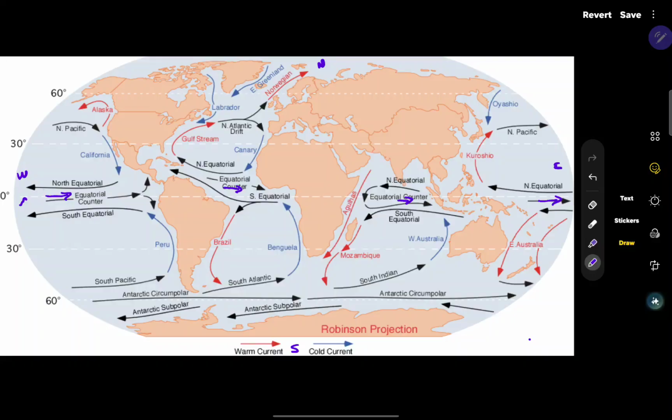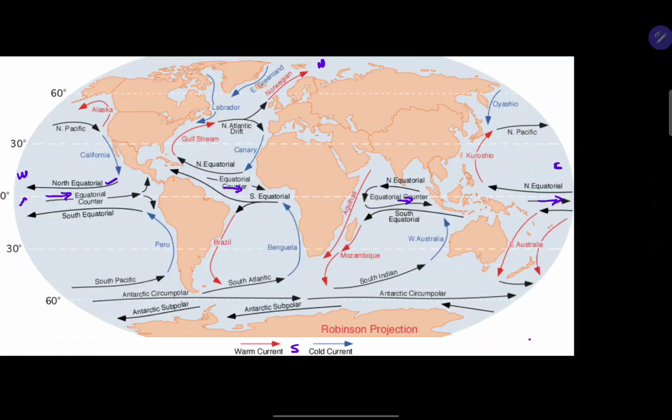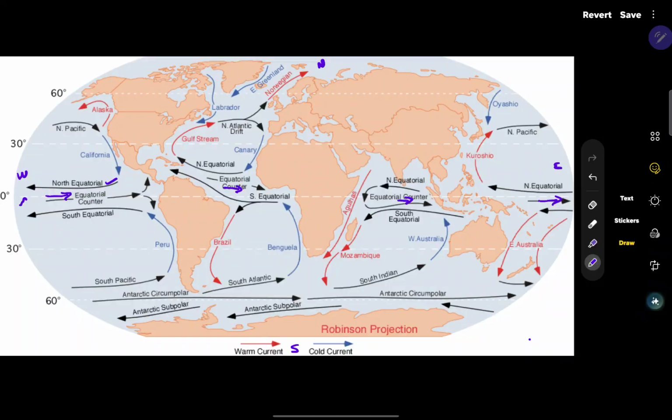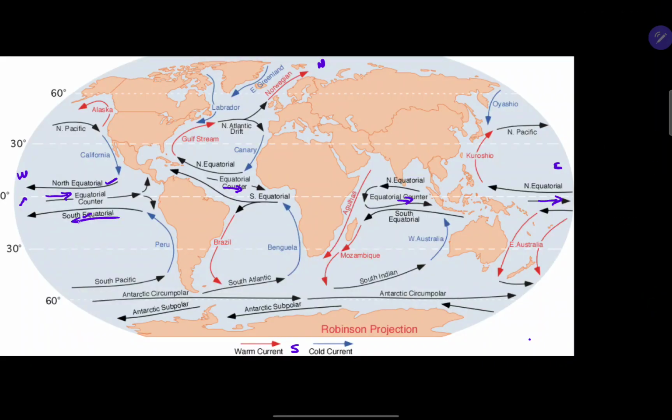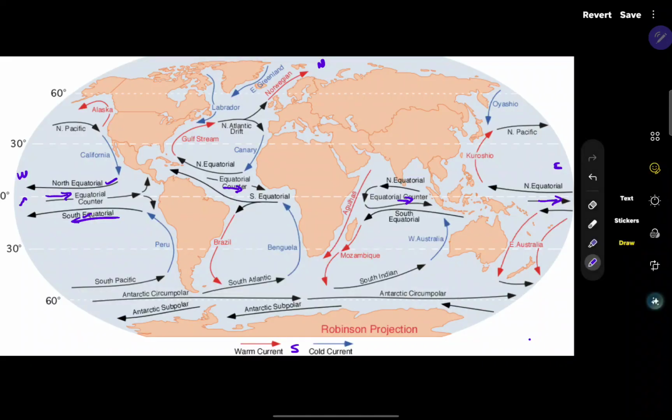So once you are done with your equatorial counter current, which is at 0 degree, just above it on the north side you will draw the north equatorial, which will go to the opposite side of the equatorial counter current. So you see north equatorial going from east to west. Same way south equatorial going from east to west.